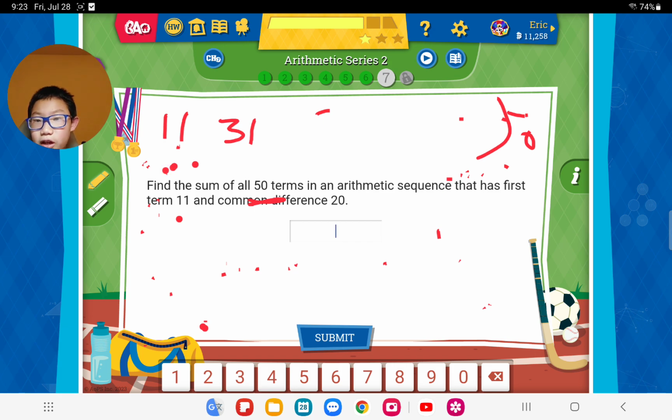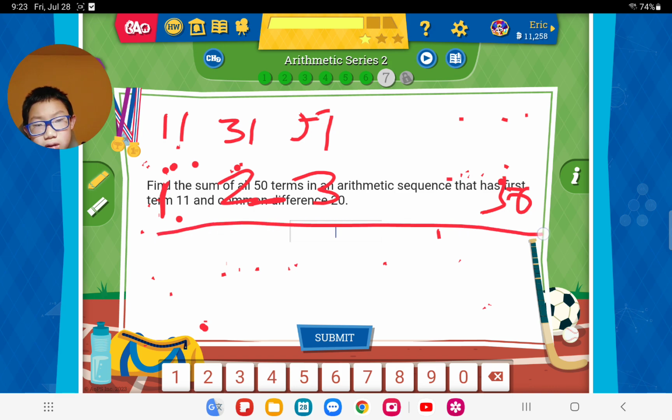This is the first one. This is the second one. So this is 2. The third number is 51. Is it correct? Yes. This is first.